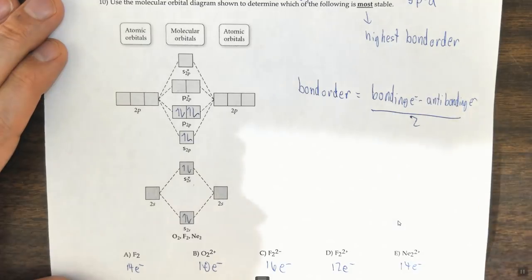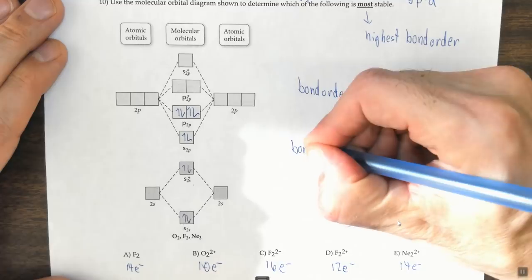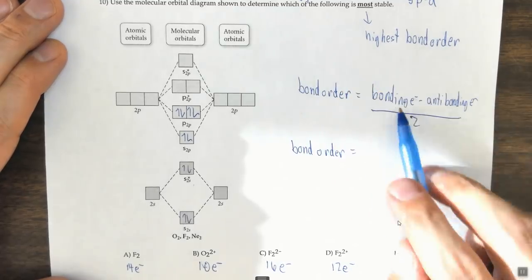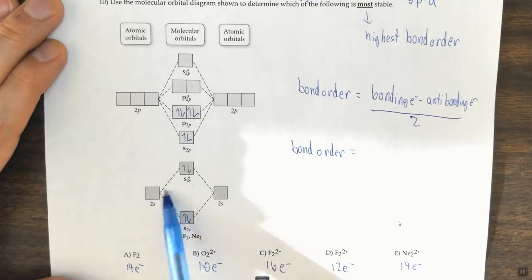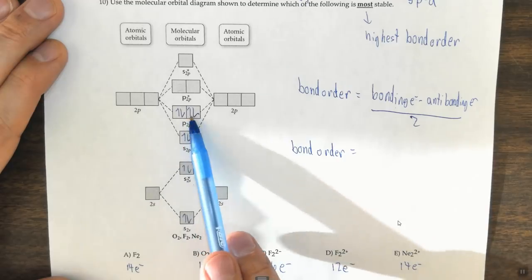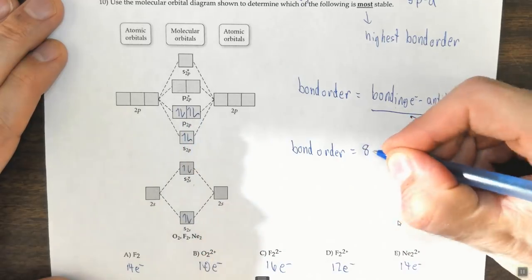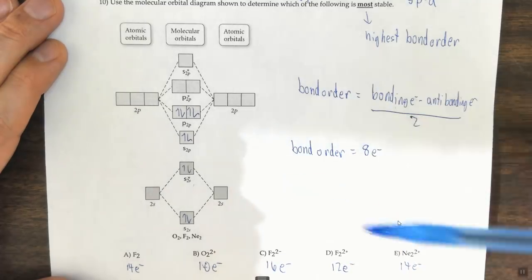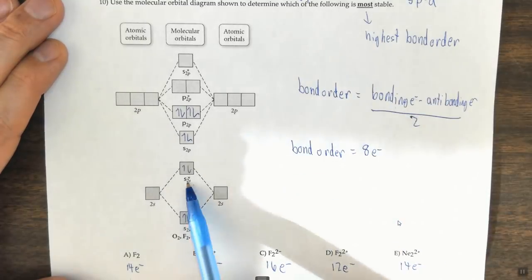Let's actually do this. So the bond order is equal to the bonding electrons, the ones without the stars, the ones that go down. 1, 2, 3, 4, 5, 6, 7, 8. There are 8 electrons in bonding orbitals. How many electrons are there in anti-bonding orbitals?